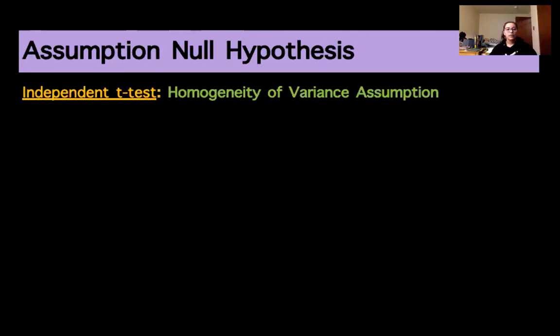When we have between subject design, we have to look at an assumption called homogeneity of variance. If we break this wording down, homo means same. Variance is just referring to how spread out the data is. So it's more or less a comparison of our standard deviations.